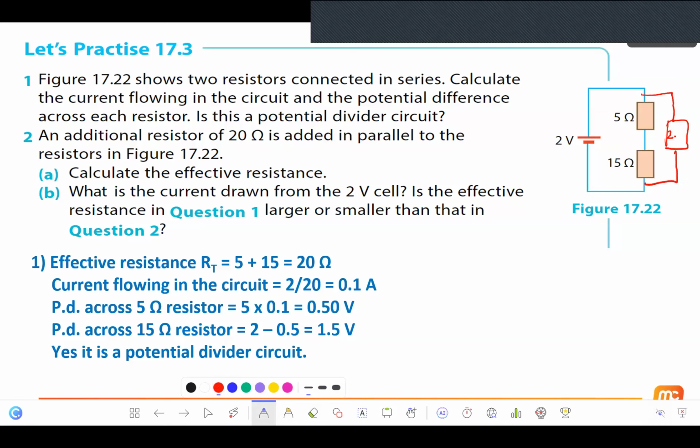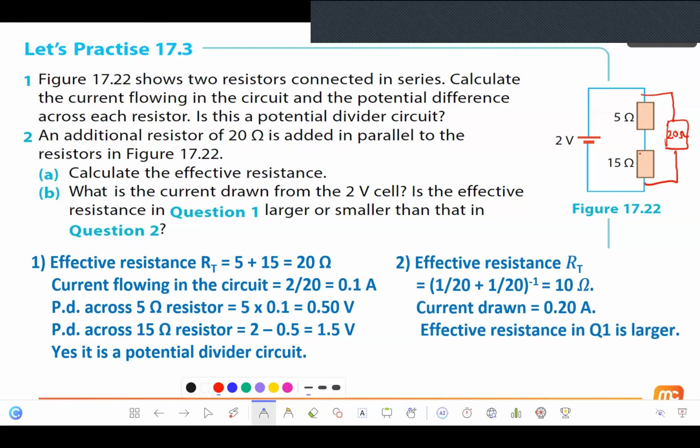I add another resistor, 20 ohms, in parallel across all the resistors. What is the total resistance now? So now I have 20 ohms here, 20 ohms here. To find the total resistance, it is 1 over 20 plus 1 over 20, which is equivalent to 2 over 20. Then I need to flip it. So after I flip it, I get 10 ohms. So these two combined will become 10 ohms.